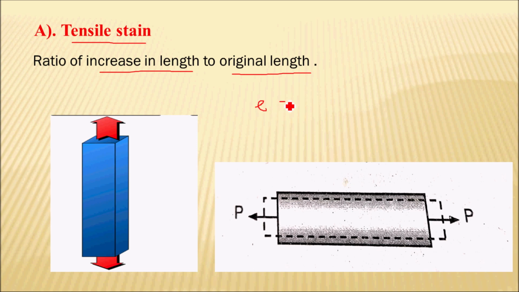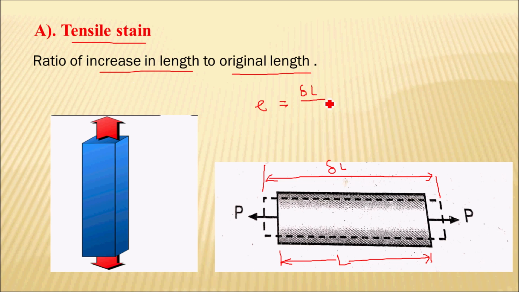So e is equal to, let's say the change in length is delta L and the original length of this rod was capital L, then the tensile strain is equal to change in length upon original length. This change in length is the increase in length in case of tensile strain.